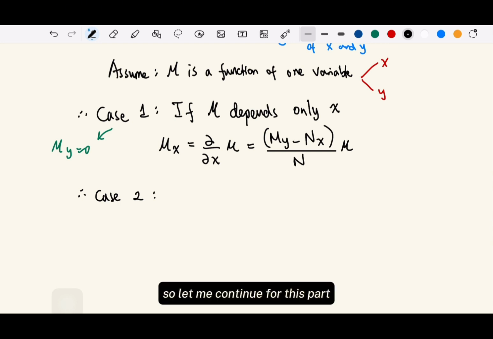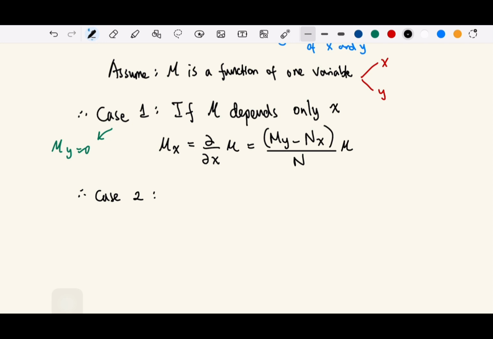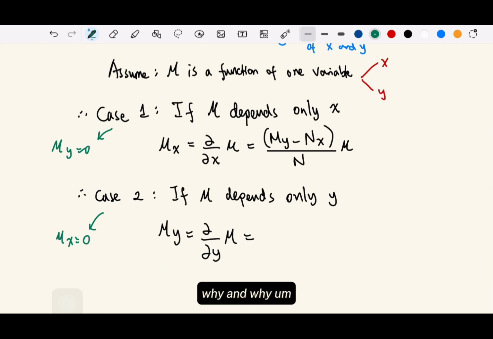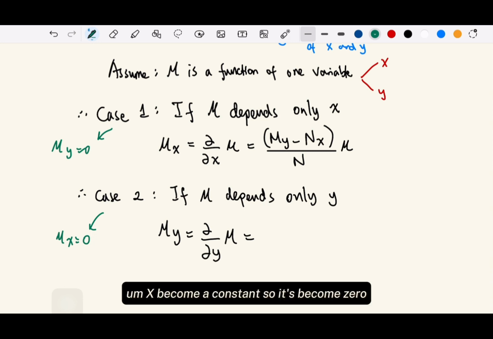So let me continue with this part. Case 2, if mu depends only on y, then mu x now is 0, okay? Because we differentiate with respect to x, and y and x become constants, so it becomes 0.